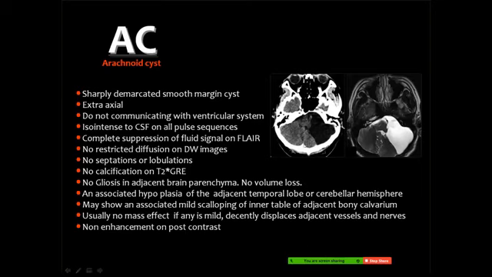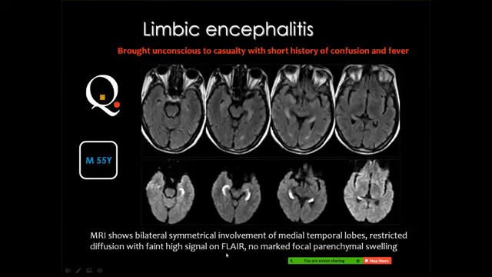You know that arachnoid cyst is usually located against the greater wing of the sphenoid, but it can occur also in the posterior fossa while maintaining its classic imaging criteria, including the smooth margin, the CSF density, and signal intensity. There is no enhancement, no calcification, and no diffusion restriction.